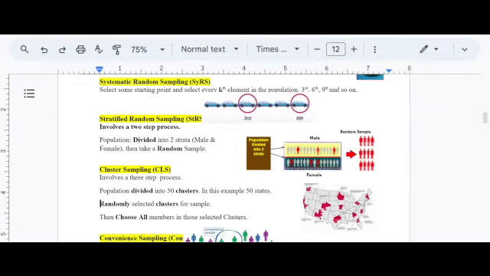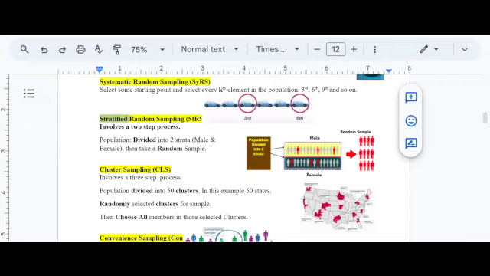Doctor, what's the difference between systematic random sampling and the other? They're both random sampling. What's the difference between systematic and stratified? Can you see the picture? Who can tell me the difference between this and this? The systematic, you have some kind of pattern where you choose a starting point and you go with it.